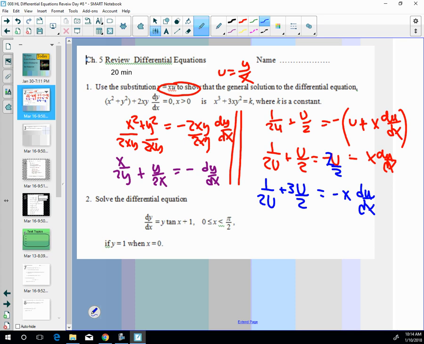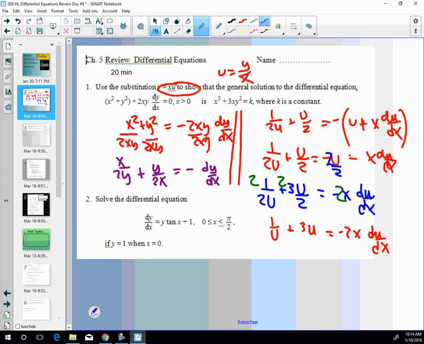So while we're at it, let's multiply everything here by 2, because I want to get rid of those denominators. So you're going to have 1 over u plus 3u equal negative 2x du/dx. This looks good.